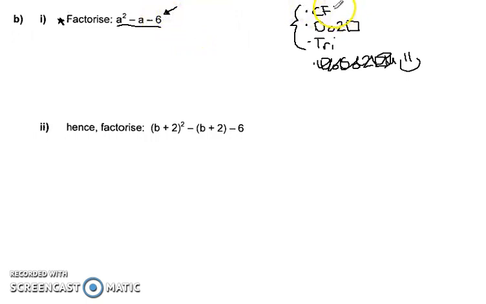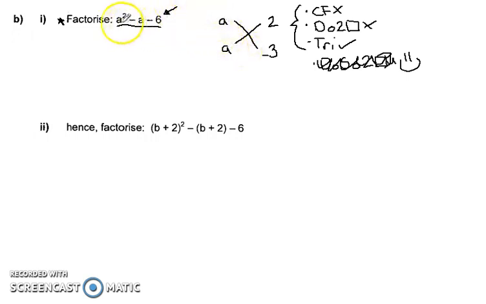So these are the types of factorizing that we look at when we're trying to factorize. And as we can see, there's no common factor. There's also no difference of two squares, but there is a trinomial. So let's do this trinomial, and once again, everyone has slightly different methods of doing a trinomial. I like doing it this way. 3 times 2 gives us 6. Now we need negative 6, so I'm going to make it negative 3 times 2 gives us negative 6.